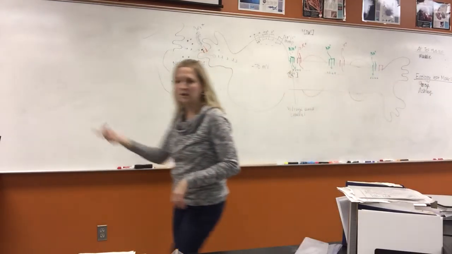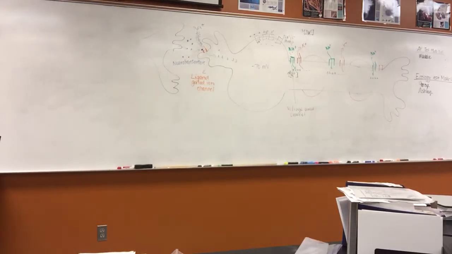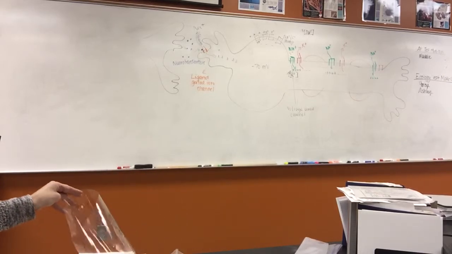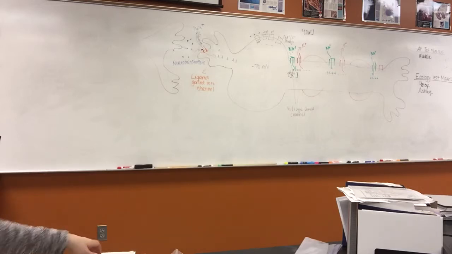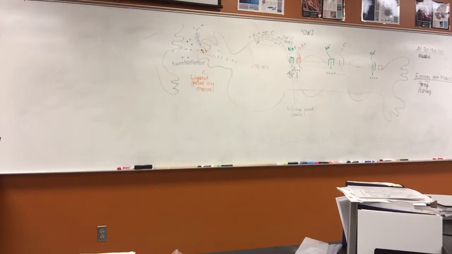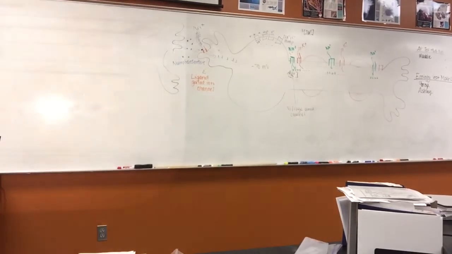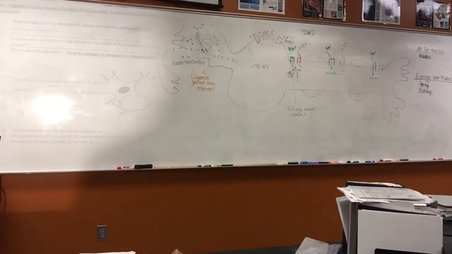So let's relate this now. Let's go back to that part in your homework packet. For number one, underneath depolarizing the membrane, it asks what changes occur as the dendrite plasma membrane is disturbed.